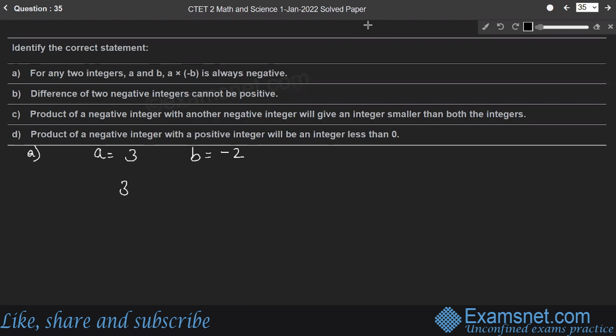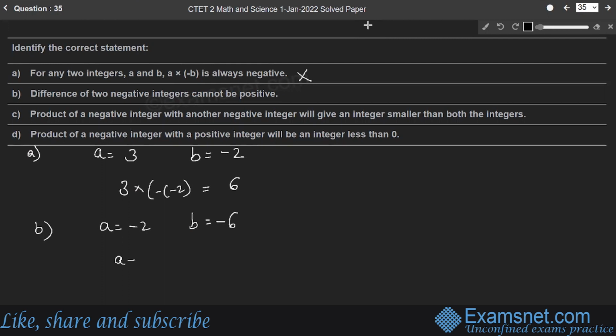So 3 into minus of minus 2 is equal to plus 2. 3 into 2, which is always negative. Statement is not correct. Difference of two negative integers can be positive. This difference of two negative integers, considering a as minus 2, b as minus 6.